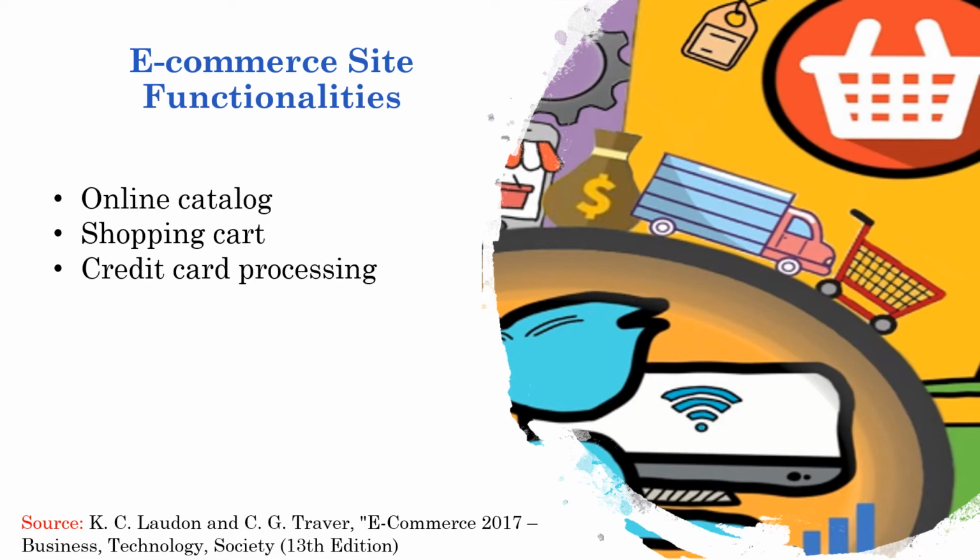Next is credit card processing. This verifies the credit card of the shopper, and then at checkout places the debit to the credit or debit card to the account of the company.